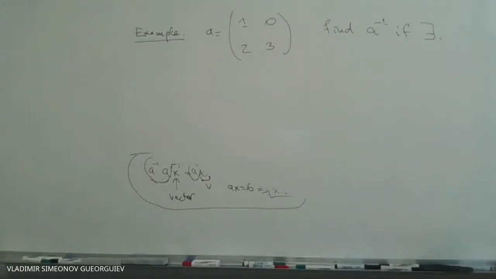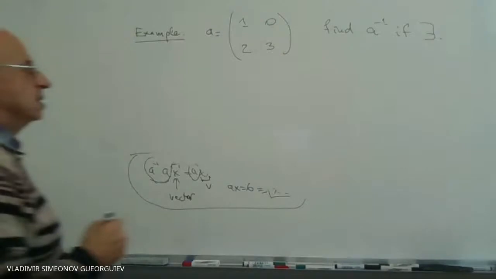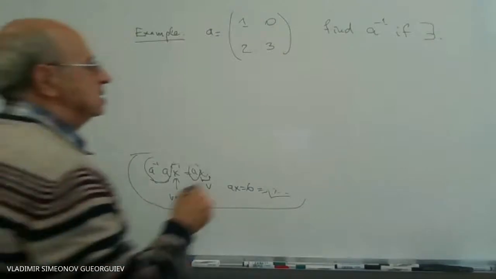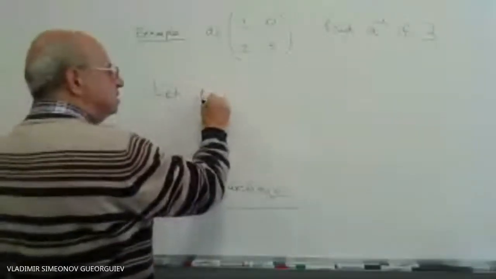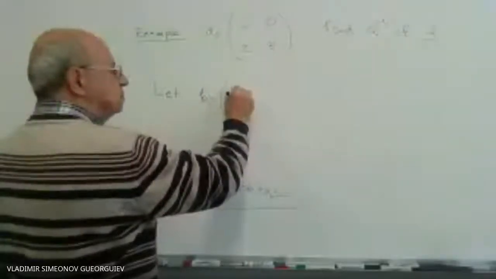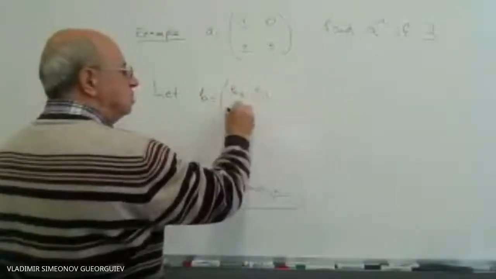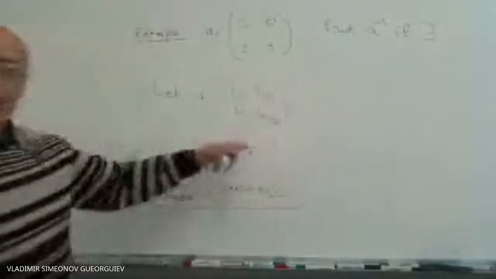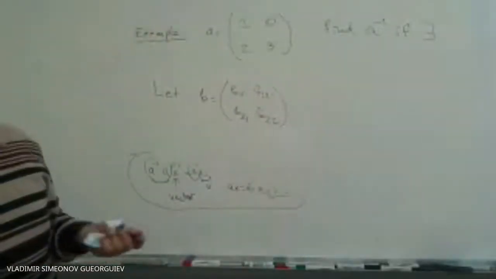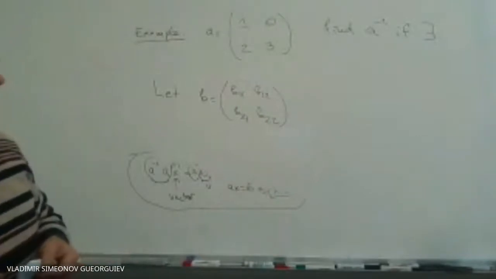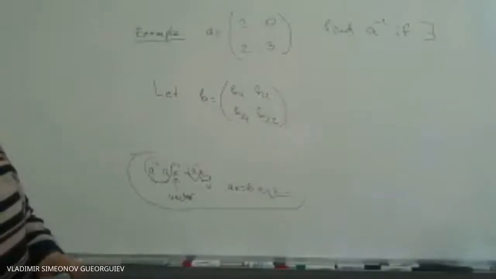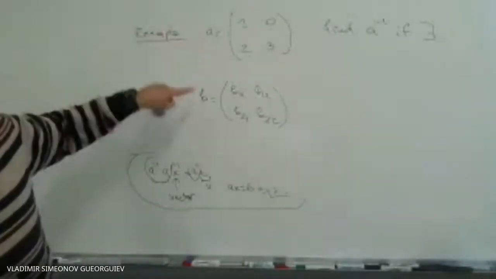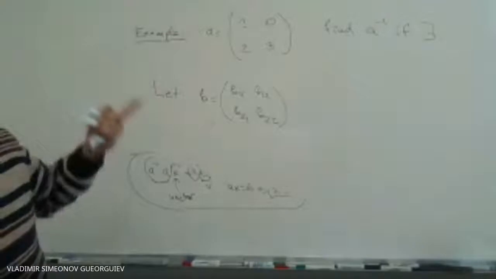So what we have to solve: this is our matrix, and we can say let B be B11, B12, B21, B22. We have four unknown elements, and we simply have to write our equation. What is our equation? A product with B is the identity matrix.